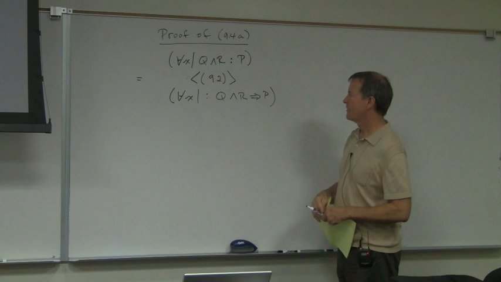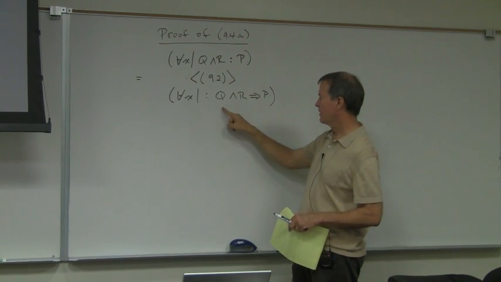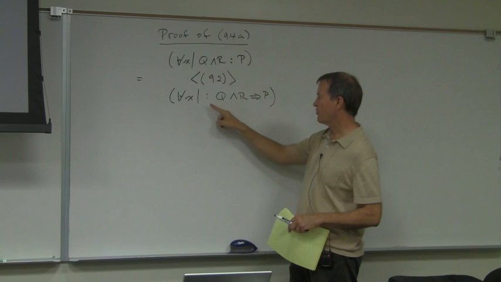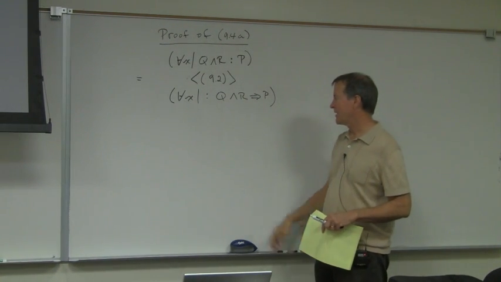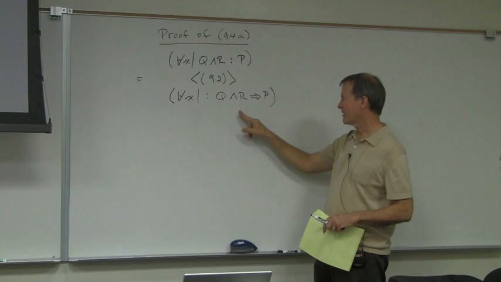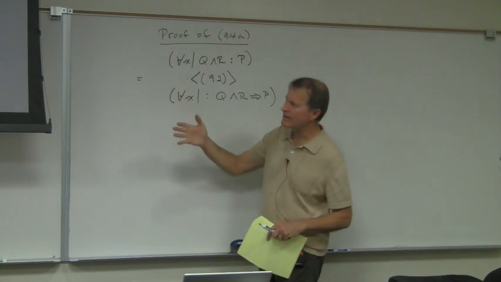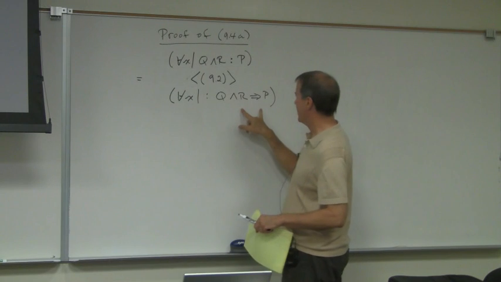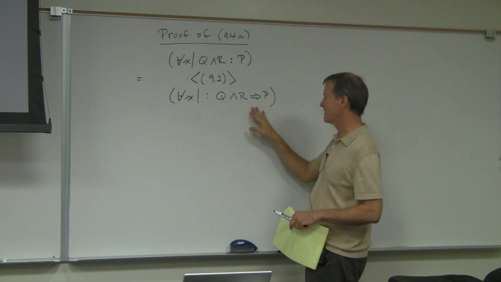What now? Now what are we trying to get this to? We want to get the Q back into the range all by itself. But here we have a Q and R, and what do we want to have left? We want to have R implies P left.